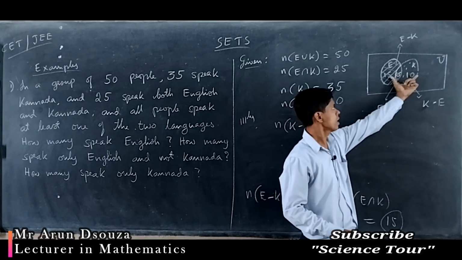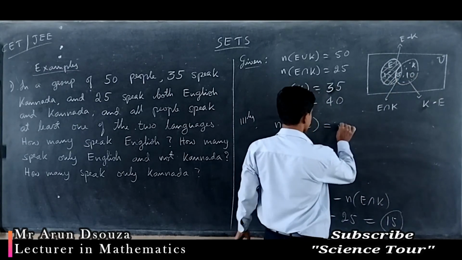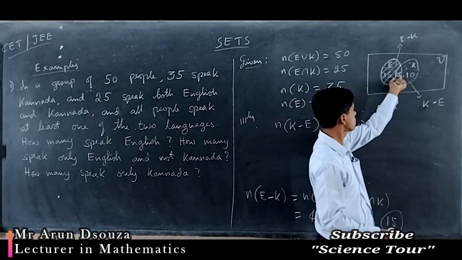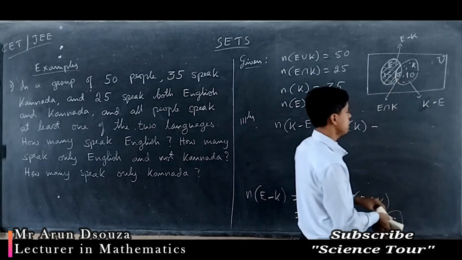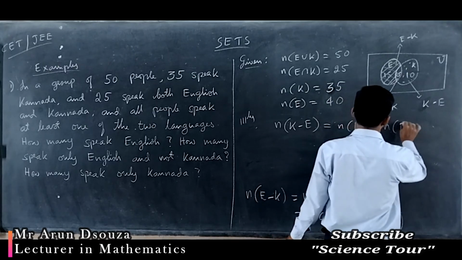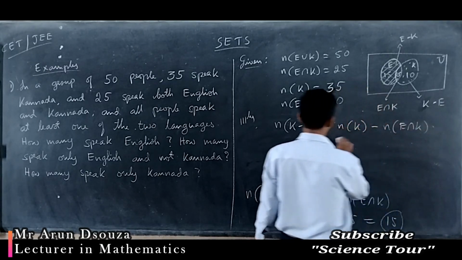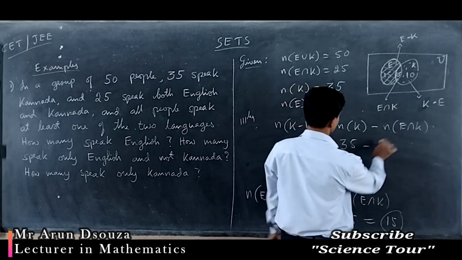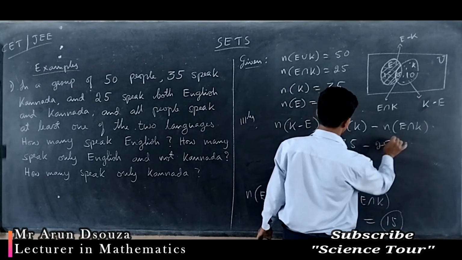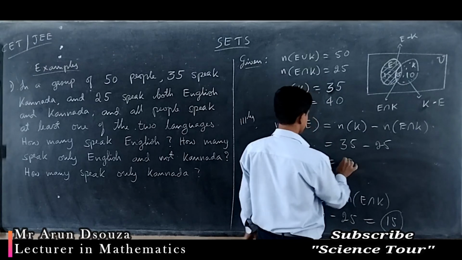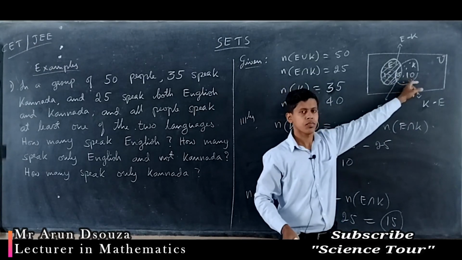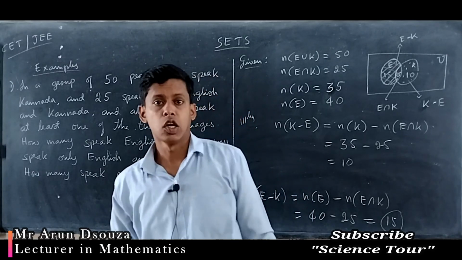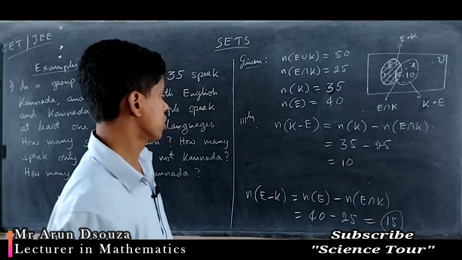It is N of K minus, so from N of K, you have to subtract E intersection K. Now what is N of K? N of K is 35, minus 25, and that is 10. So 10 is K minus E. That means only K and not E. Well, I hope you understood this.